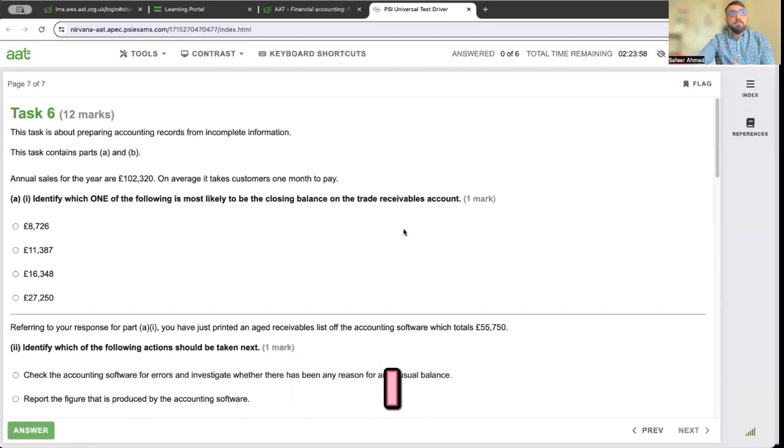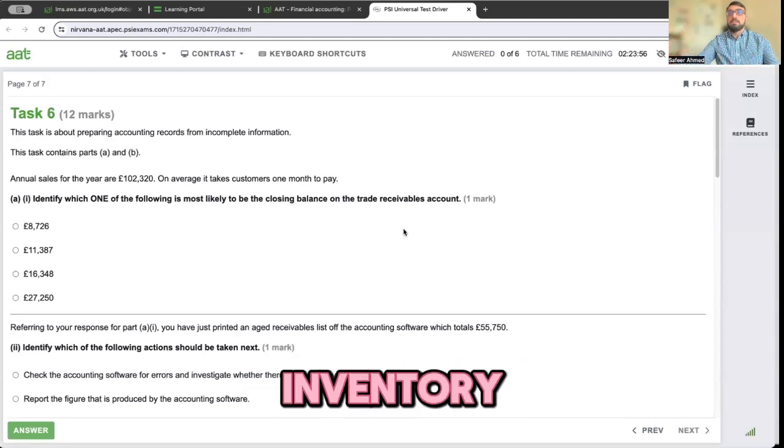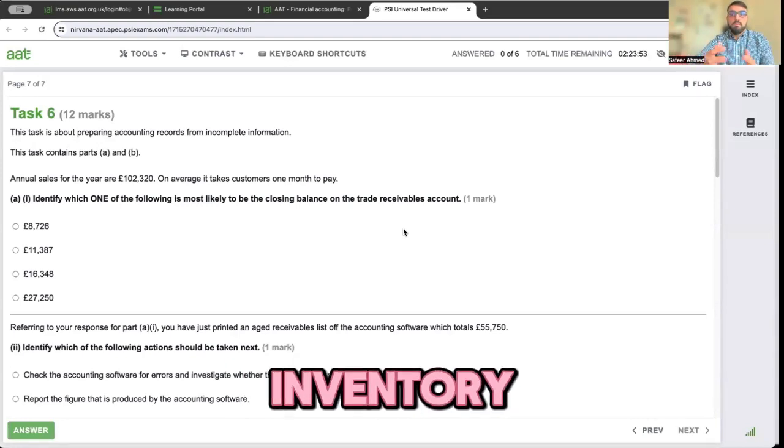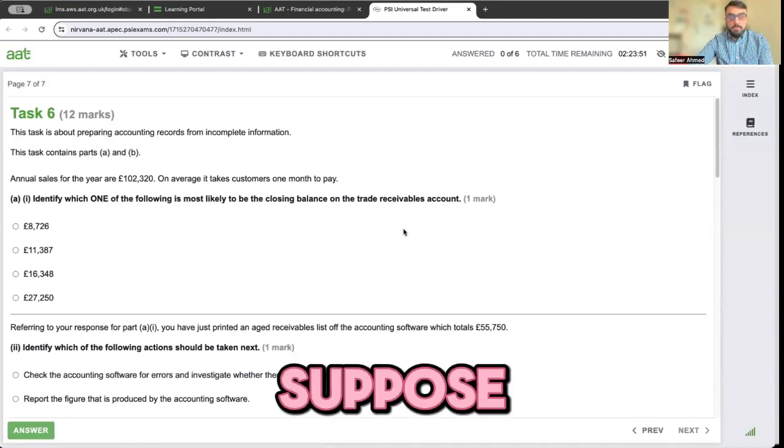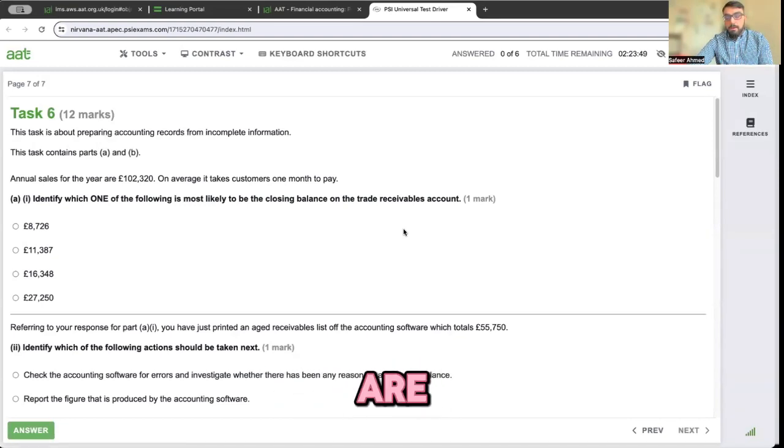Or I do not know the value of the closing inventory, because some of the inventory was lost, or I did not keep receipts for these sales. So I don't know the total value of sales, but I know from my bank statement the money I received. So at times, some clients might come to you and ask you this.